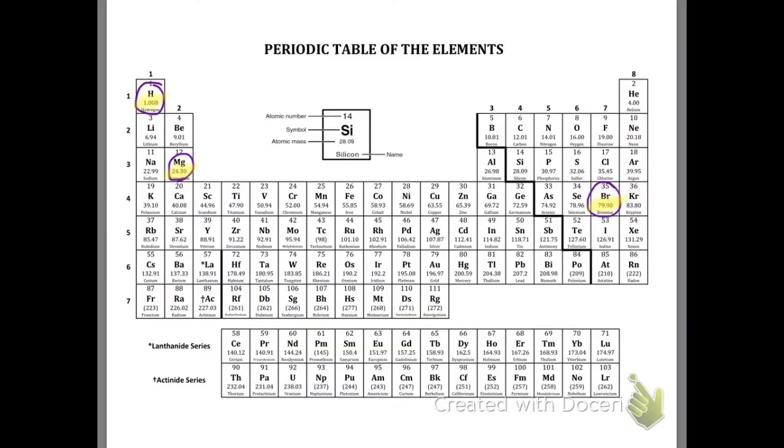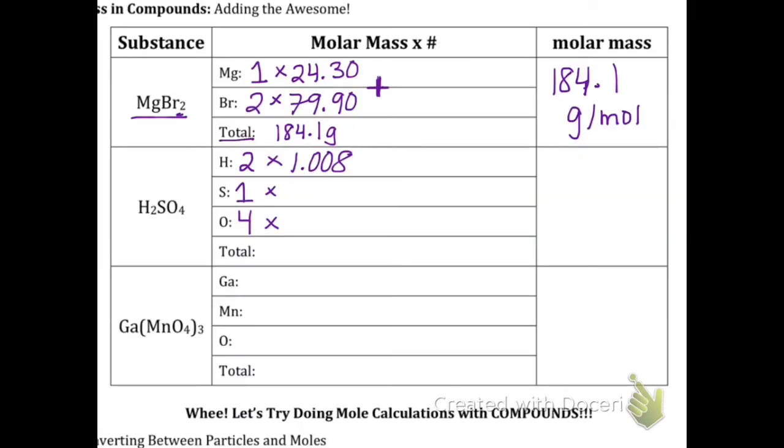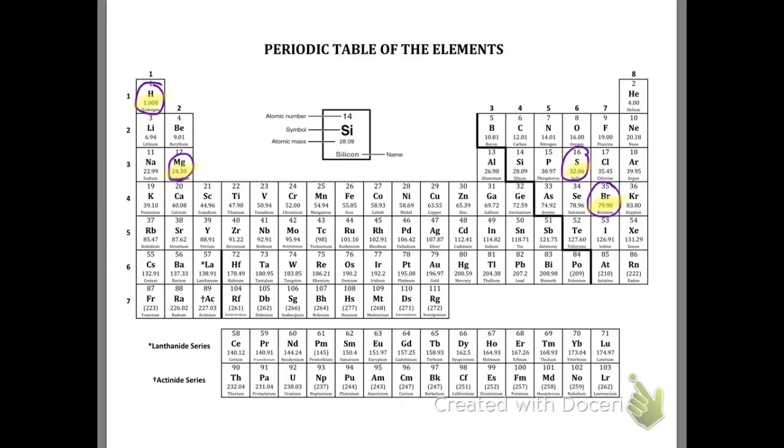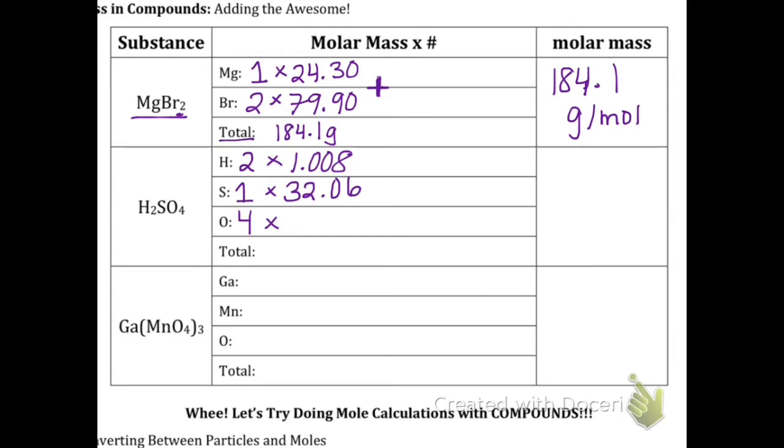Sulfur is over here, 32.06, so I'm going to write 32.06. Then oxygen is over here. It's 16. So 4 times 16, and you're going to add all of these up.